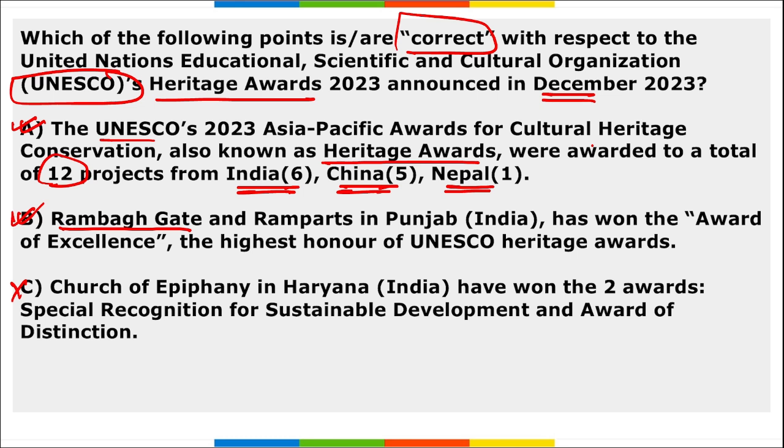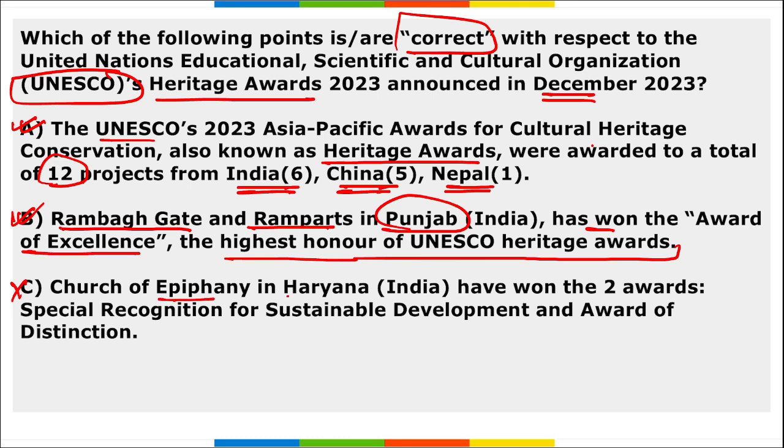B is saying Bagh Gate and Ramparts in Punjab, India has won the Award of Excellence, the highest honor of UNESCO's Heritage Award. Then C is saying that Church of FNE in Haryana, India won 2 awards, that is Special Recognition for Sustainable Development and Award of Distinction. So is it correct?